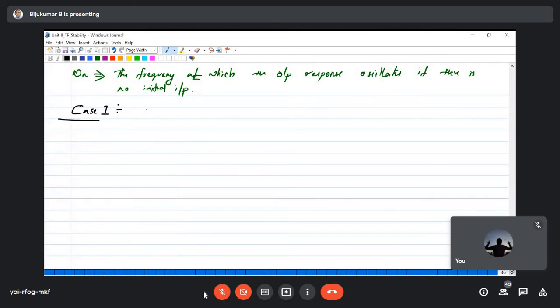Case 1 is the underdamped system. The zeta lies between 0 and 1.